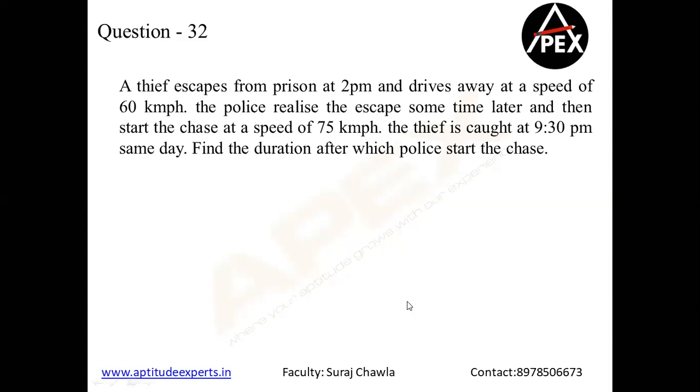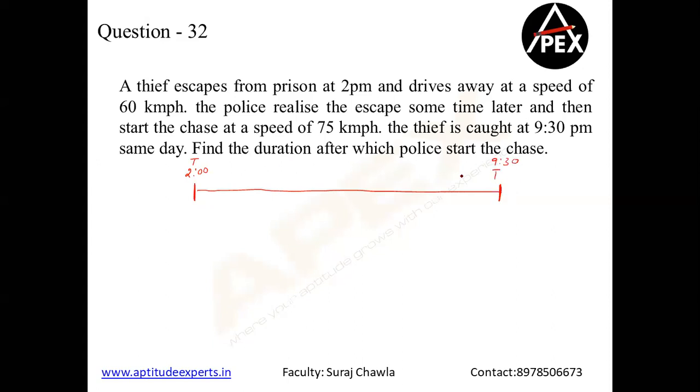Now let's start understanding here. A very simple way of doing this can be, I'm not applying relative speed here. Let's see. The thief started from here at 2 o'clock, right? I repeat, the thief started from here at 2 o'clock. I do not know at what time the police is starting, and the thief was caught here at 9:30.